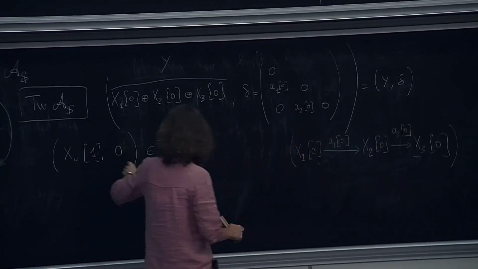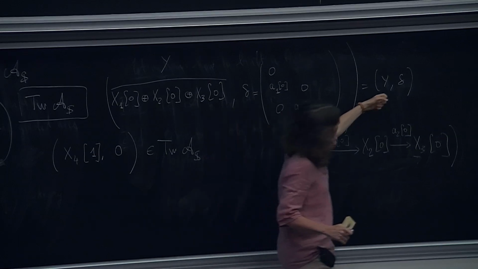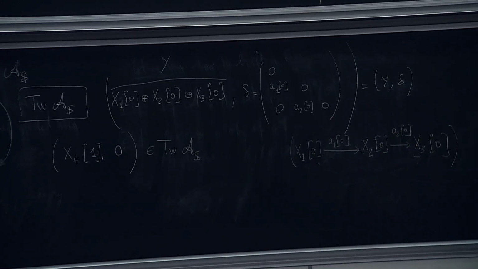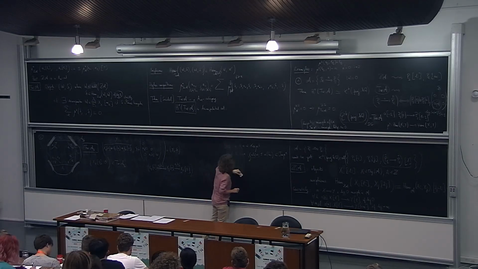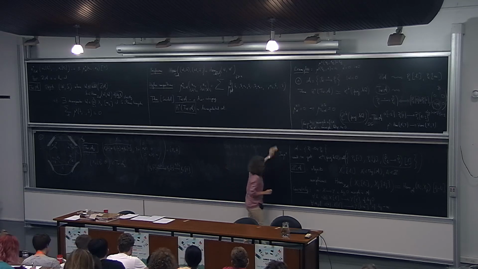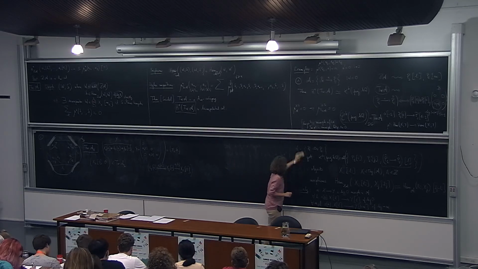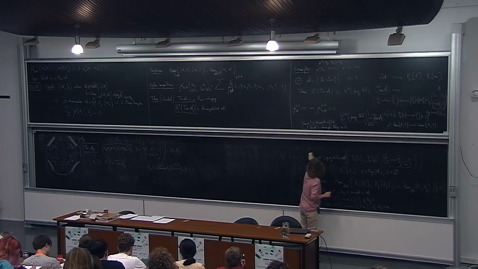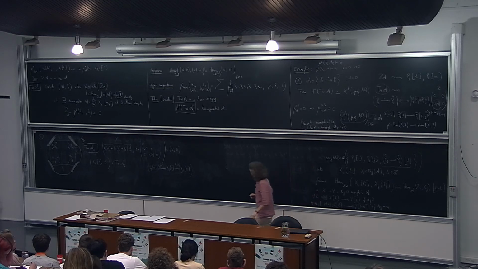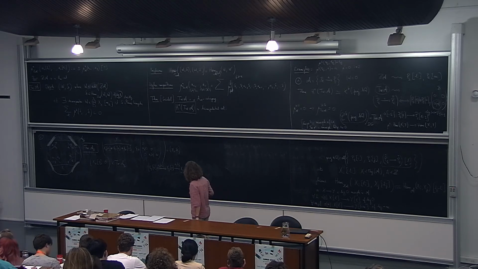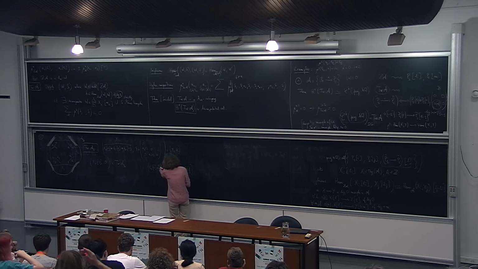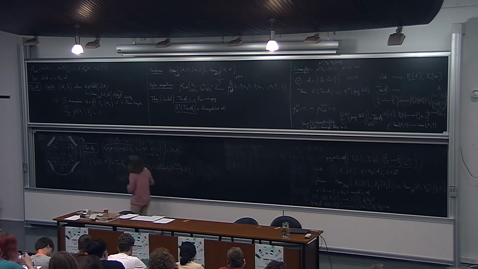And I want to compare these two objects in the category H0 of twist A. So here mu2 of A1 and A2 is actually 0, so that's why we have this condition.